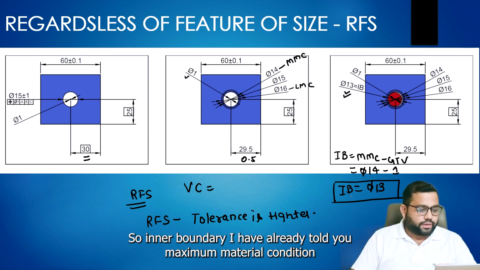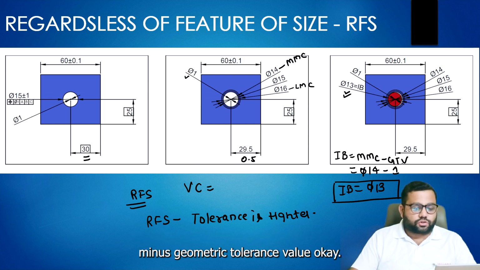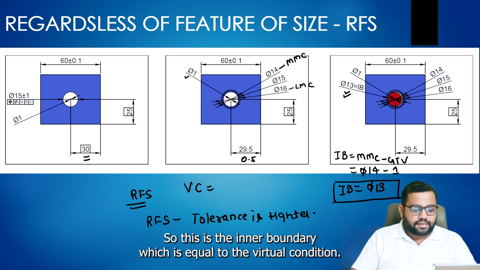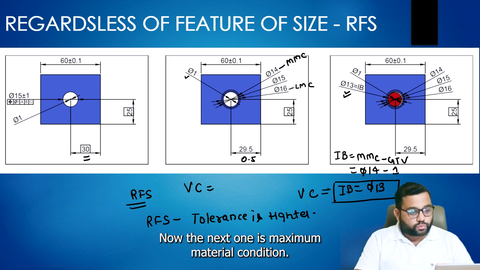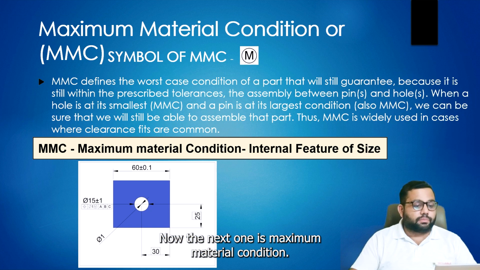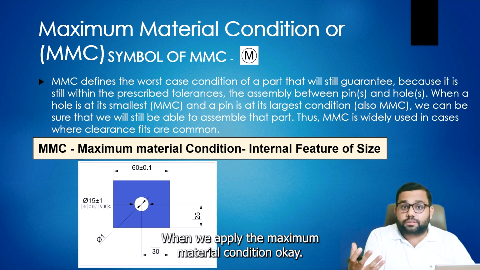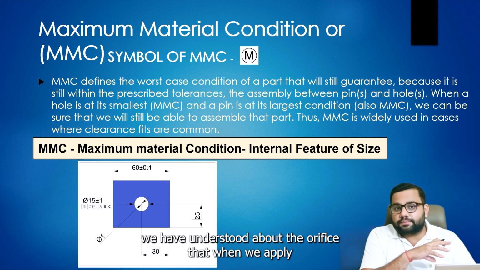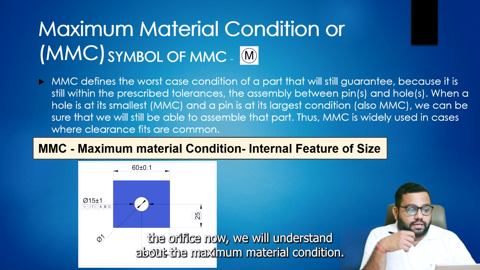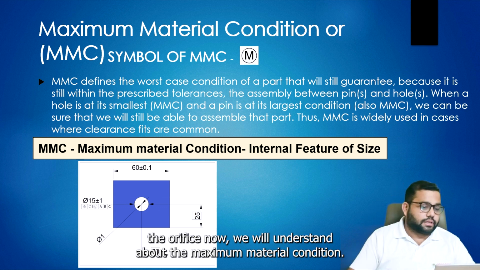Inner boundary I have already told you: maximum material condition minus geometric tolerance value. This is the inner boundary, which is also equal to the virtual condition. Now the next one is maximum material condition. We have understood about the RFS, and now we will understand about the maximum material condition.